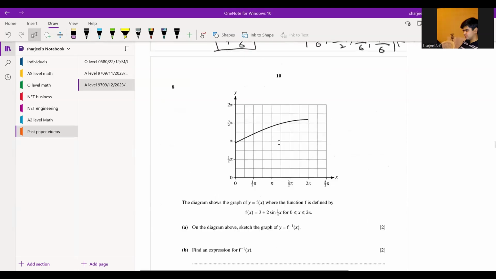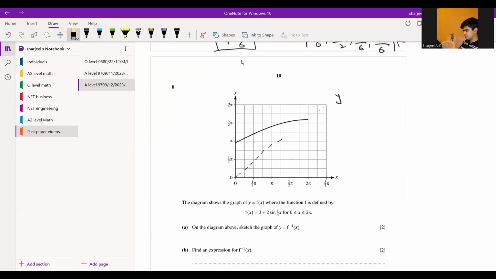On the diagram, we have to sketch the f inverse of x. So remember to draw a line from the origin, meaning the equation y equals x. If you have to find the inverse, remember to draw the line y equals x.